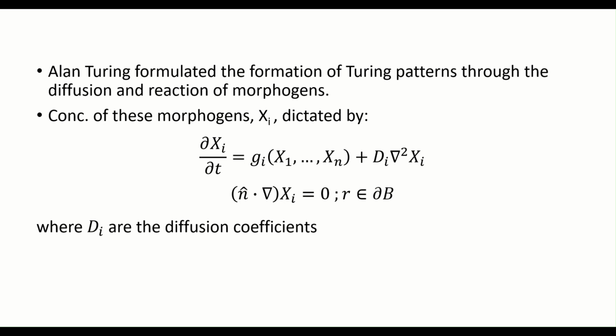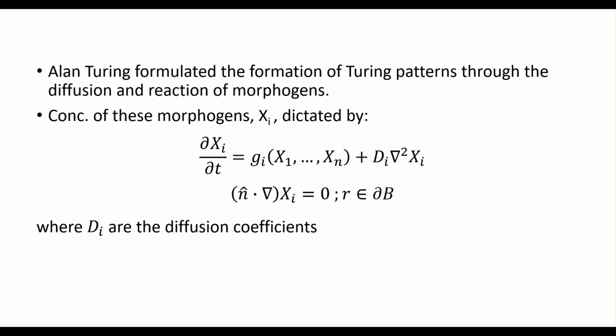Yeah. So Alan Turing formulated all these Turing patterns using, as I said, diffusion equations. These diffusion equations are applied on the concentration, or rather, as we will see ahead, the deviation from the equilibrium concentrations at t equal to 0. So basically, let's say the equilibrium concentrations at t equal to 0 are h and k, then x here, as indicated, is basically h minus the concentration at any time t, and the respective will be followed for each of the morphogens.